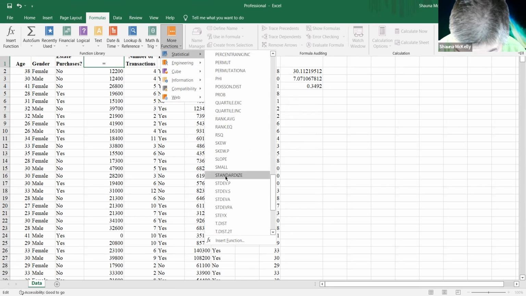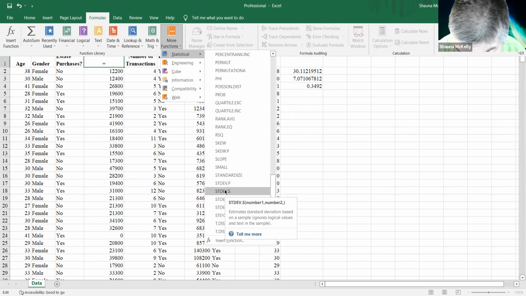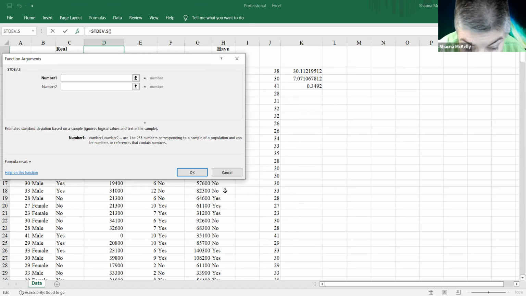So this is going to be stdev.s. And then you're going to go from D2, comma D411. Okay.